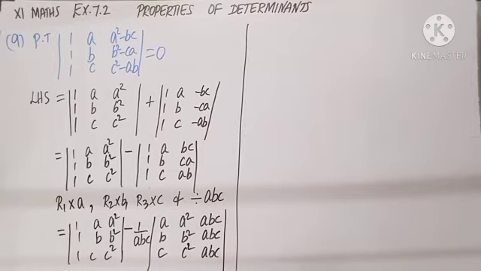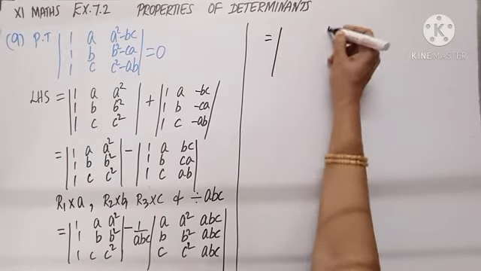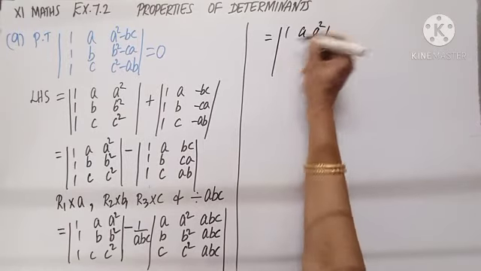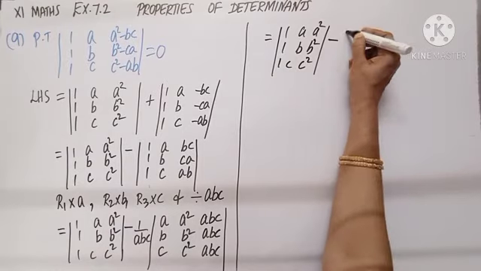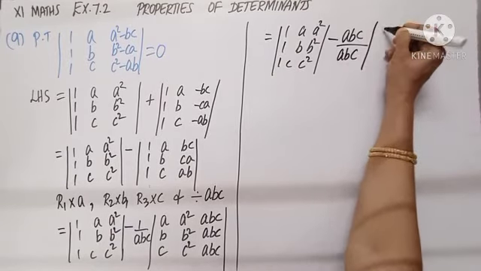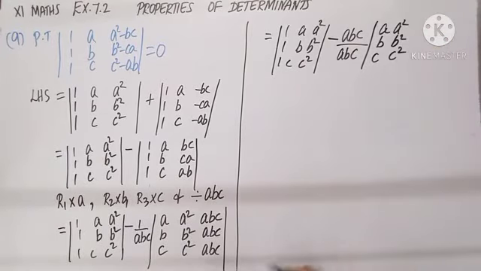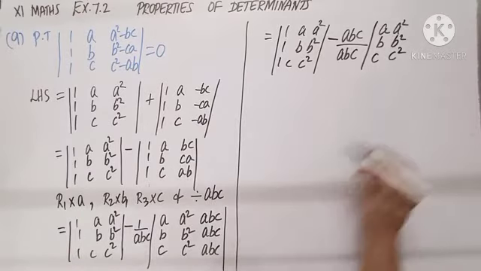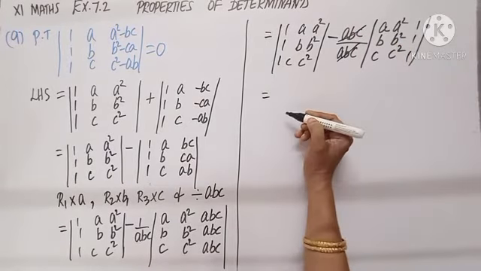Now, in the third column, abc is common. So, the first determinant I write as it is. In the second determinant, take abc from column 3. We are left with abc, a square, b square, c square. As I take abc out, they all become 1. This abc I can cancel.